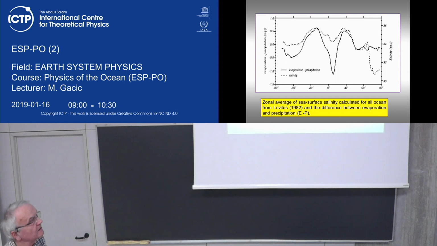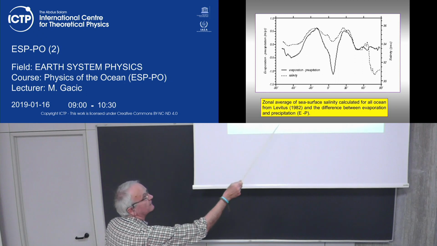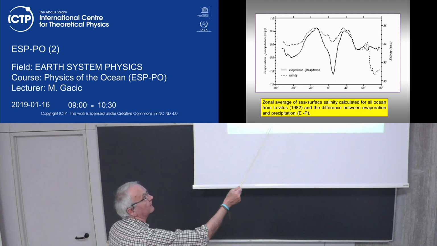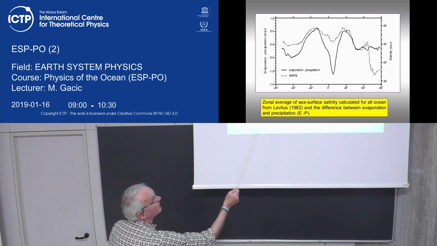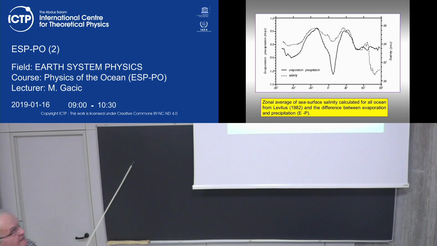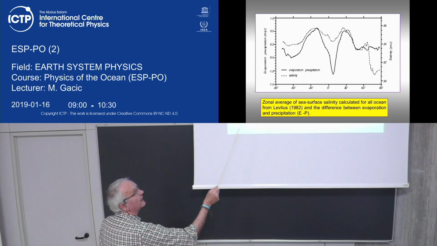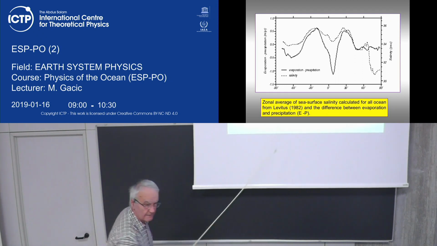Why is this so? This is because of the evaporation. Here these minima are determined by the precipitation, because you have strong precipitation in the equatorial areas and in the mid-latitude areas.